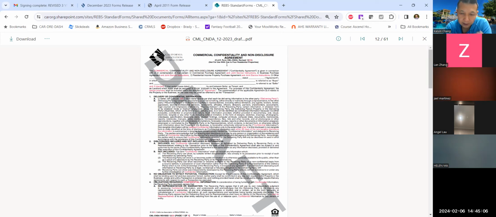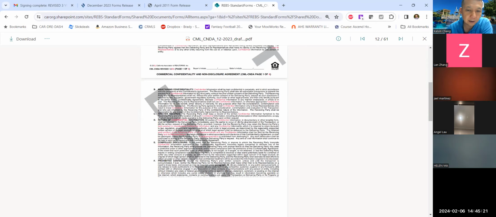That gives the party providing the information recourse against the person who may use it against them or share it with others. So that's the purpose of an NDA, a non-disclosure agreement.